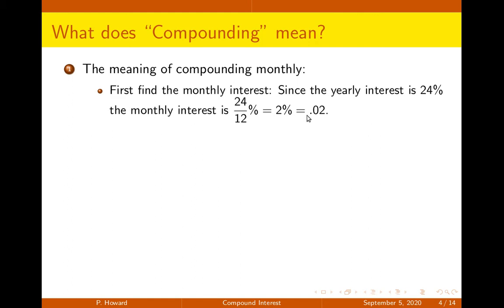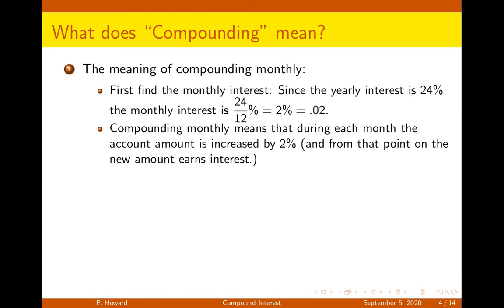That's 2%, or 0.02. Always put our interest rates in decimal form. So compounding monthly means that during each month, the amount in the account is increased by 2%. That's the monthly interest. And from that point on, the new amount begins to earn interest. That's the compounding part of compound interest.